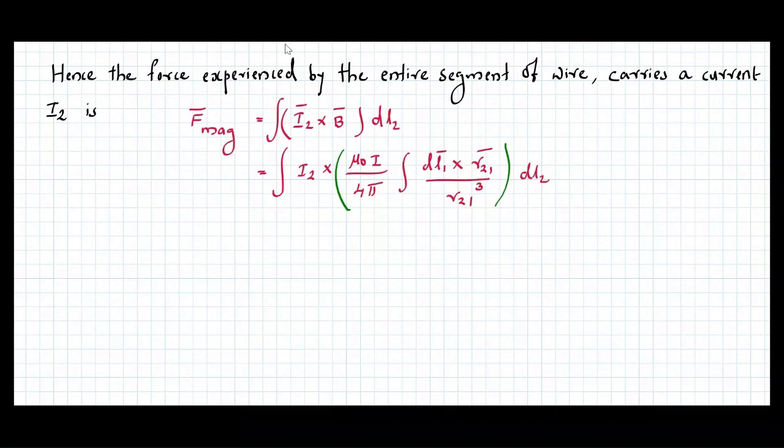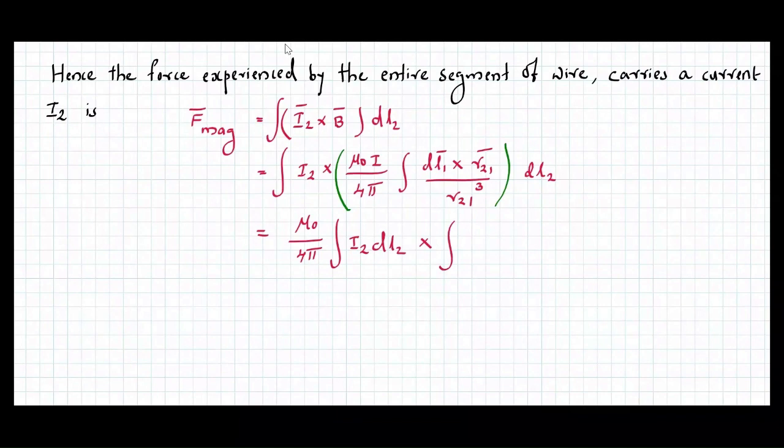Now substitute the value of B and you will get an expression for F mag as integral I2 dl2 cross mu 0 I1 by 4 pi integral dl1 cross r21 by r21 cube. Now mu 0 by 4 pi is a constant. You can take it outside the integral.